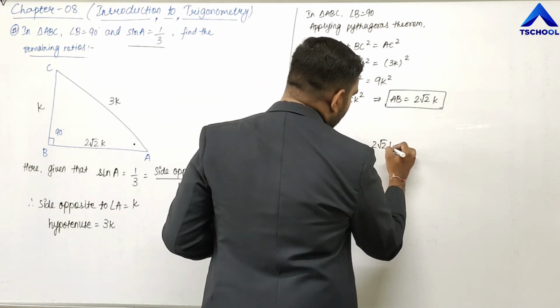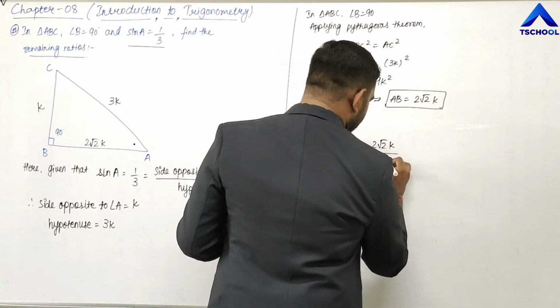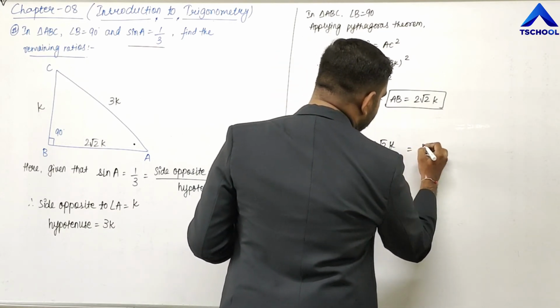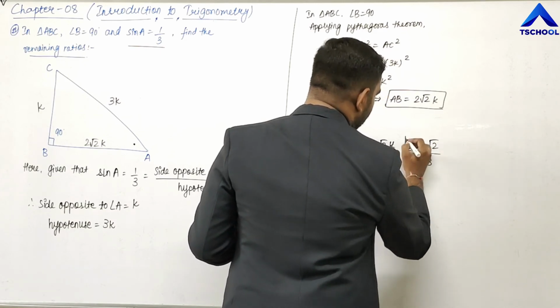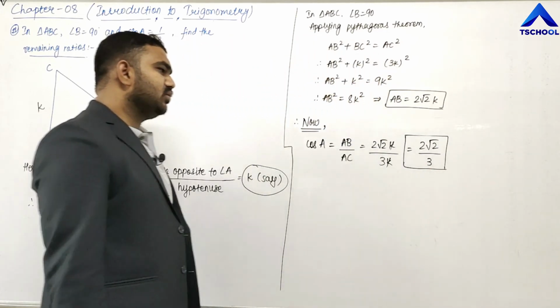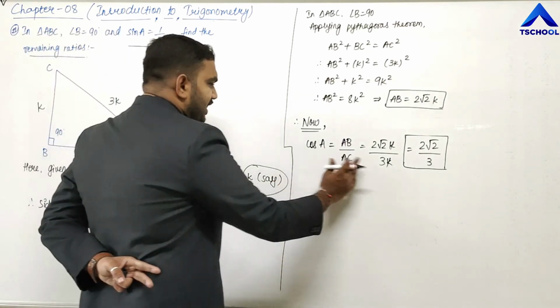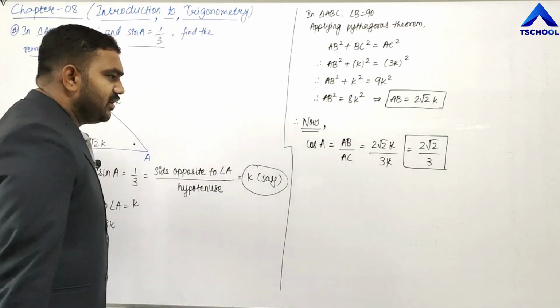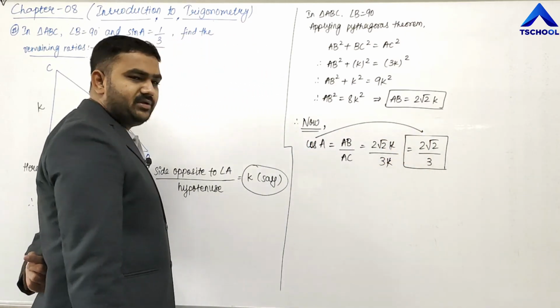That is 2 root 2K upon AC. AC is 3K, K and K cancel, that is 2 root 2 upon 3. So we got the value for cos A, that is 2 root 2 upon 3. Is it clear? So that is how we find out the ratio.